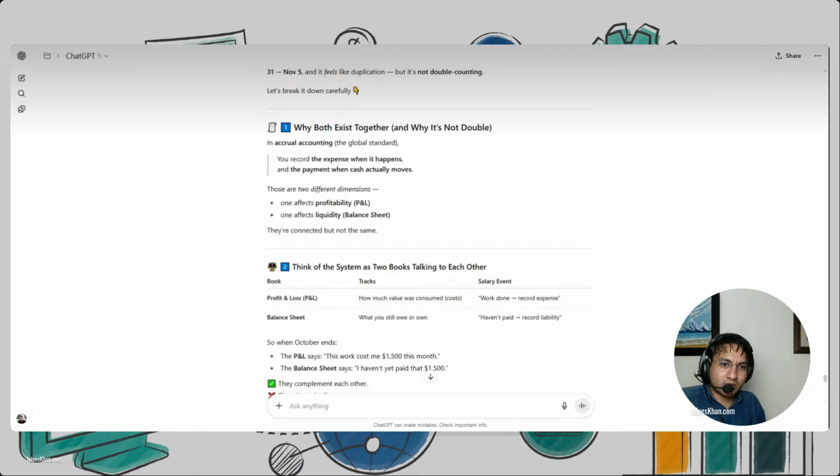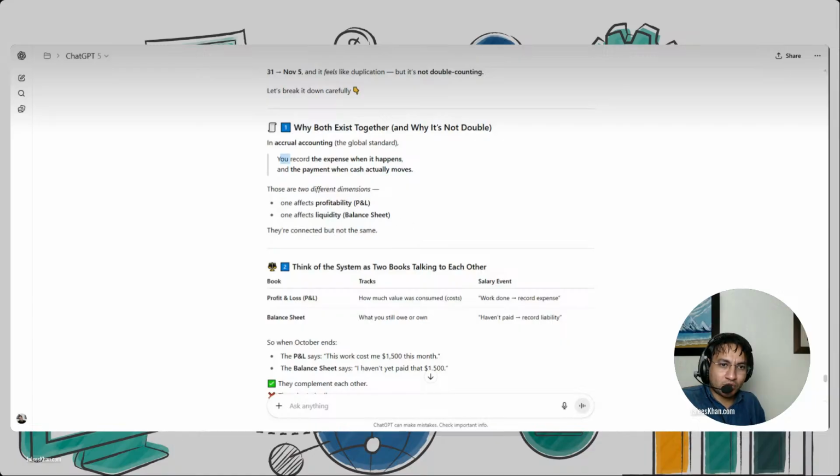So it is explaining the accrual accounting definition. These are two different dimensions: one affects profitability, the P&L, and one affects liquidity, the balance sheet.